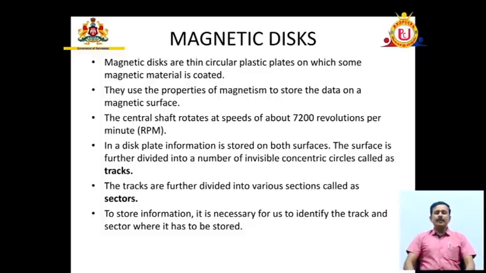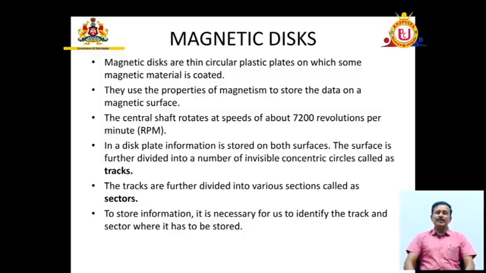In this disk, the surface of the disk is allocated with a number of invisible concentric circles called tracks, and these circles are divided into a number of vertical bisections called sectors.